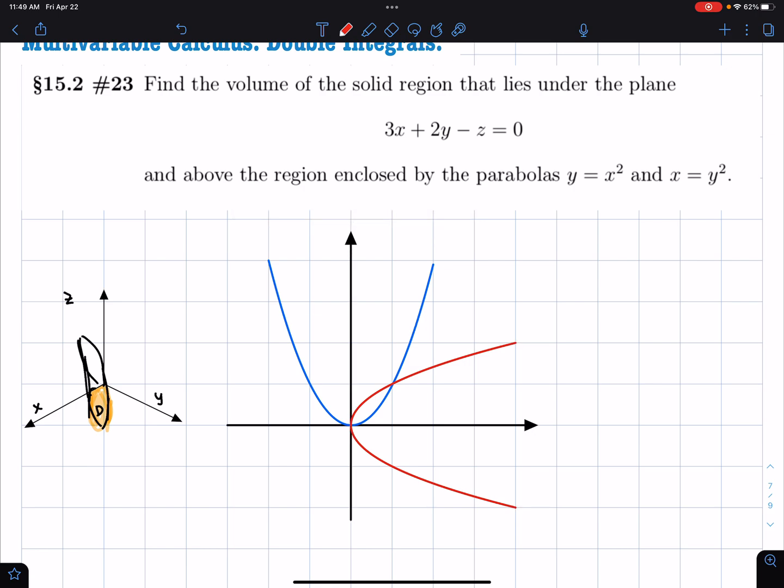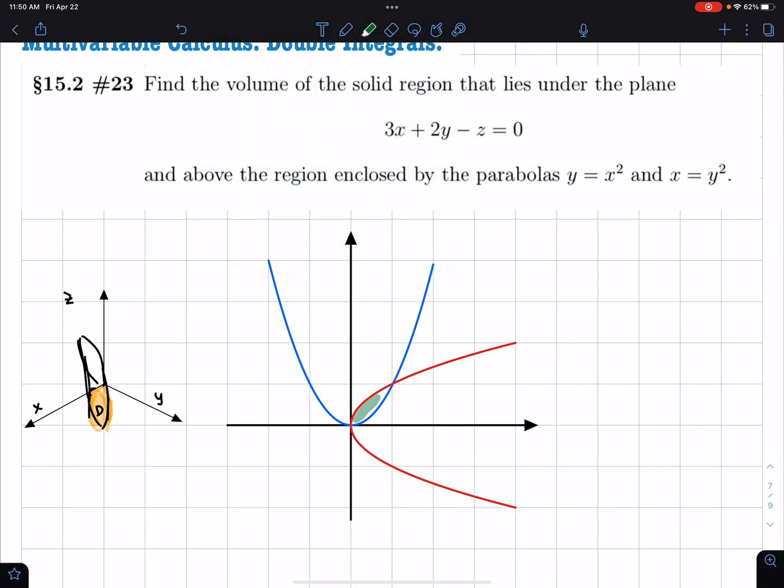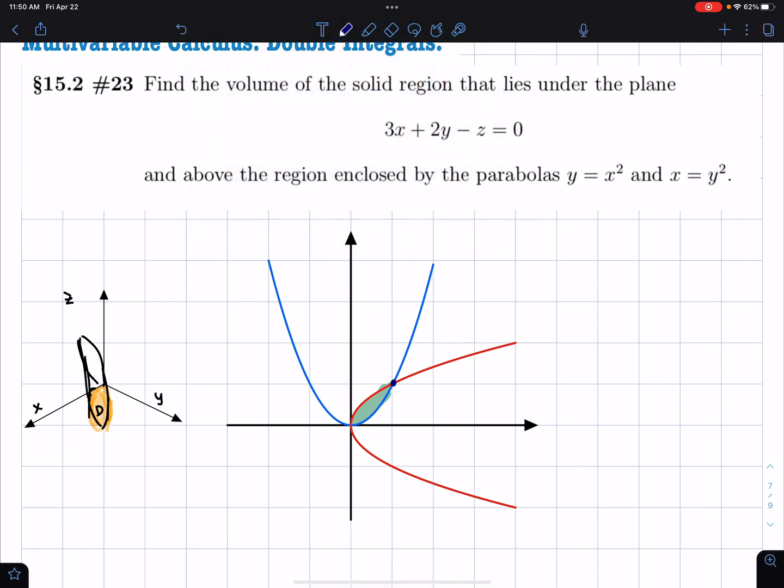All right, the region D is the region bounded between these two. I drew way more of the picture than I need. If I carefully sketch the graph for y equals x squared, I know that I have the point (1, 1), and we have the point (0, 0).